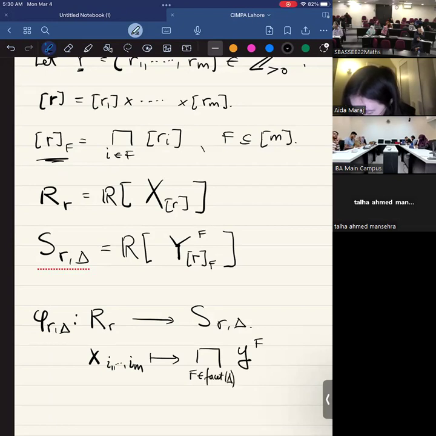Here i_F is the projection of this i onto the indices F.